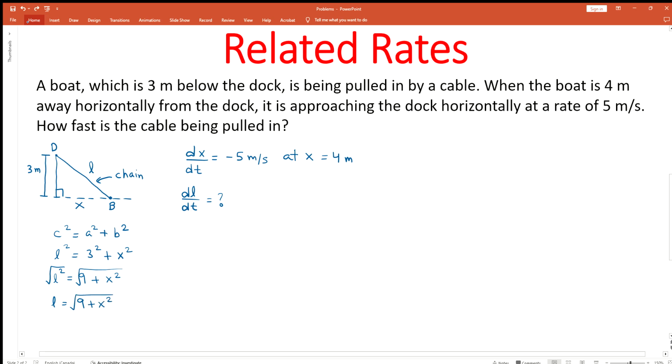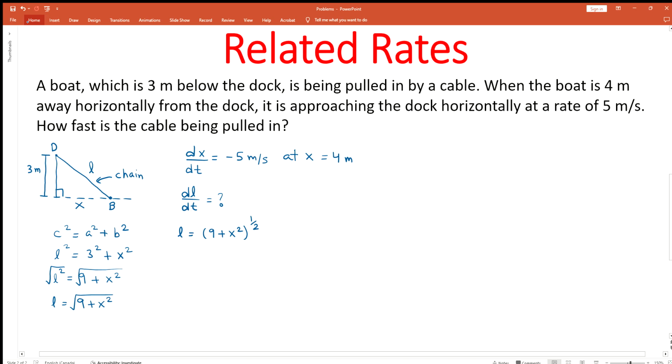We have to find the derivative of this equation with respect to t. Before we find the derivative, we should change the square root to rational exponent 1/2. Now we can find the derivative.